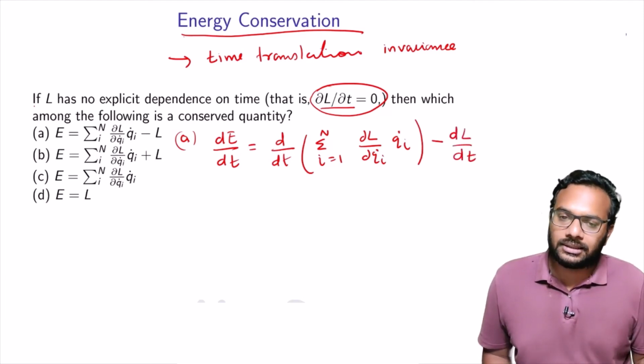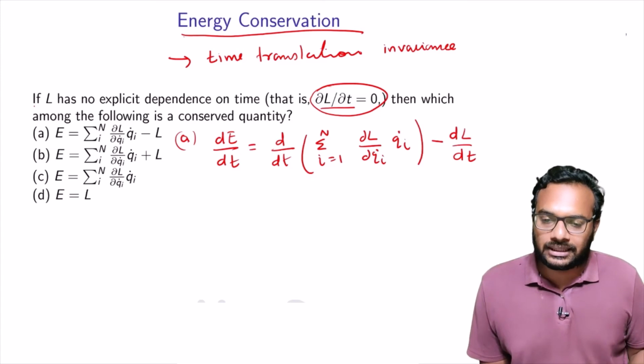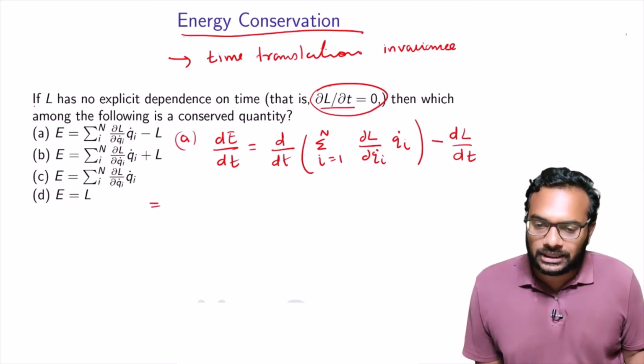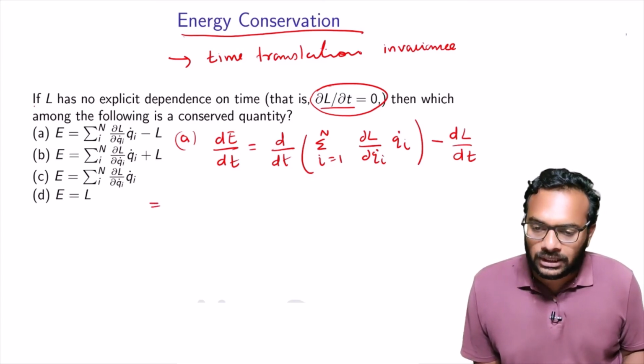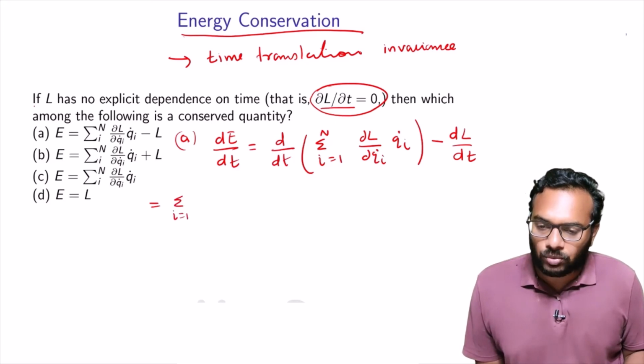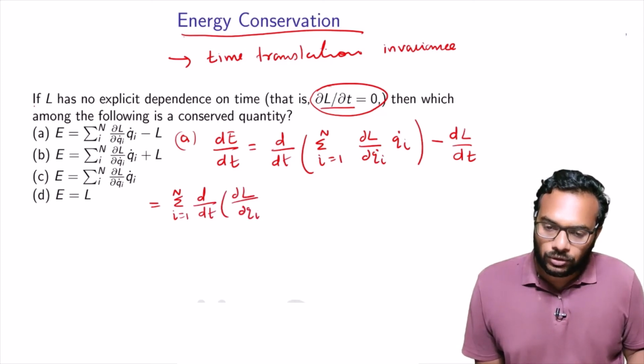We just distribute this derivative inside. Here we can use the chain rule, so this becomes summation i equal to 1 to n, d/dt of ∂L/∂q̇i multiplied by q̇i.